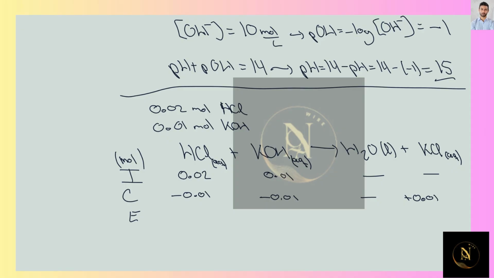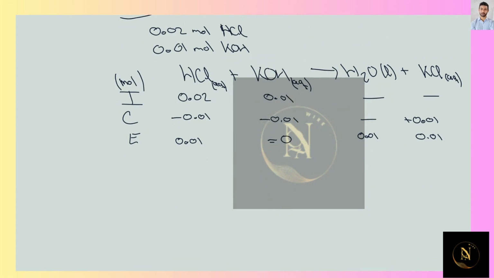So at equilibrium, we're going to end up with 0.19 mole of HCl, something close to 0 or 0 of KOH, and 0.01 of the associated salt that we get in solution. We can write down that, of course, we're going to have an extra 0.01 moles of water, but at the end, it's not that relevant.